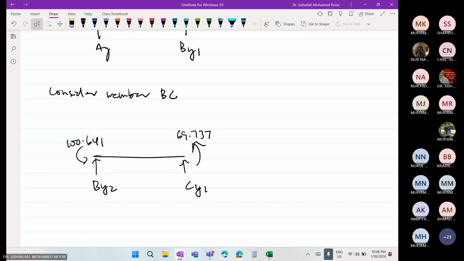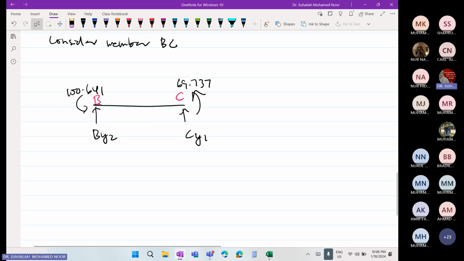This is the diagram for member BC. So we have to put the moment from the table, and then we have to put the label for shear forces BY2 and CY1. So this is B and C.